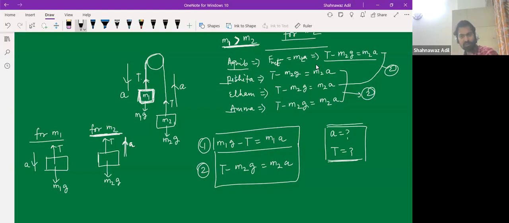Okay, so you guys have two equations and two variables or unknowns. So you guys have to solve for A and G. Please solve it and tell me the answer that you guys are getting.